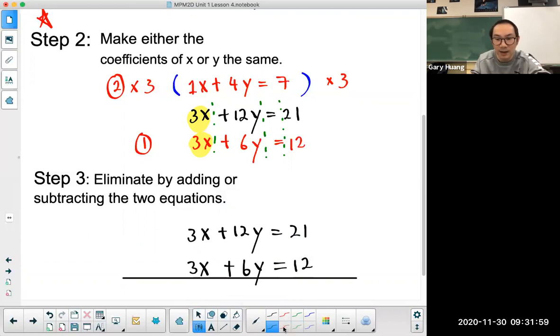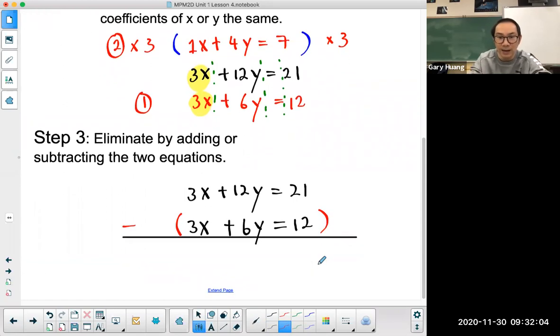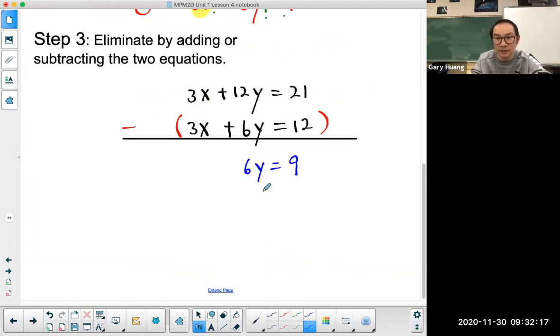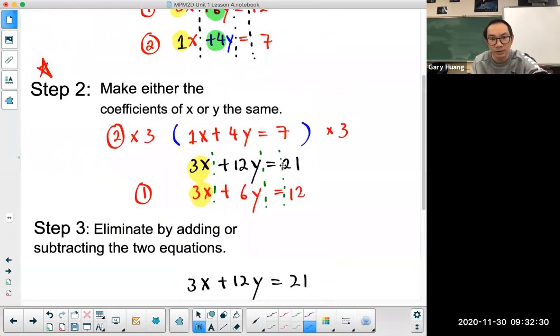This time, I'm going to subtract the two equations. 3x minus 3x, it's gone. 12y minus 6y is 6y. 21 minus 12 is 9, which means y is 9 divided by 6, or reduced, 3/2. And that's the simple three steps of elimination.